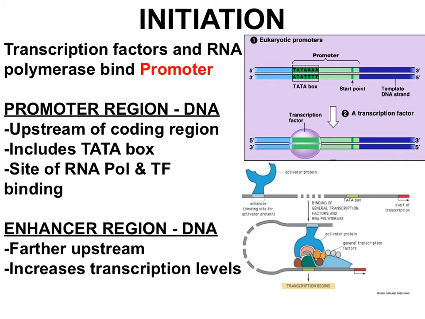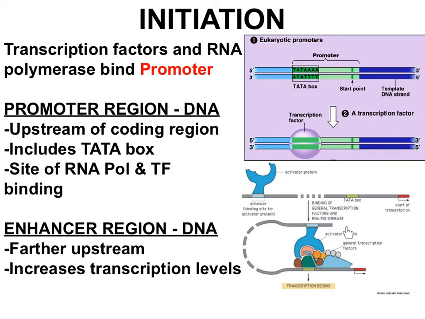Enhancer DNA is typically distant from the promoter, here's an enhancer, and distant from the coding region DNA. Enhancer transcription factor proteins bind at the enhancer DNA sites, and help get RNA polymerase to the promoter.